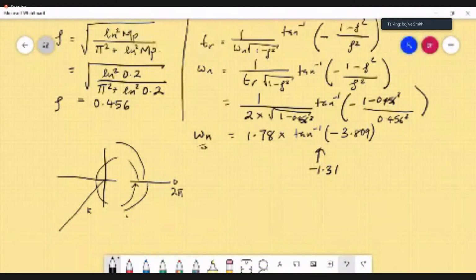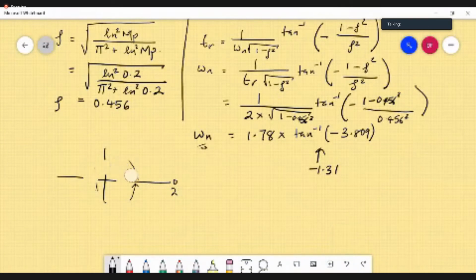What did you get? 4.957. What did you do, subtract it from 2 pi? Sir, I found the positive angle.